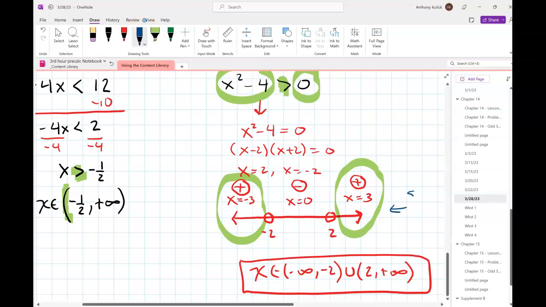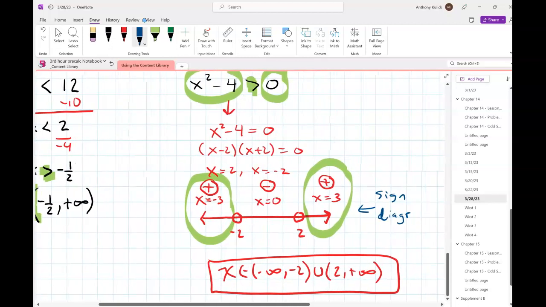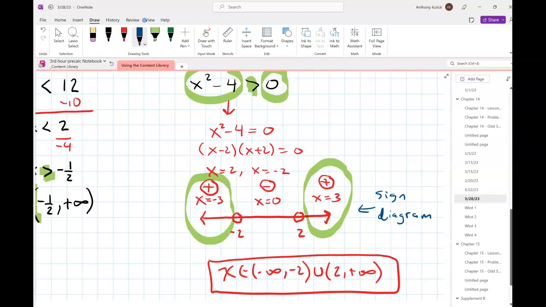This thing that we just did here is called a sign diagram. I just picked some number that was less than -2 and bigger than -2 or +2. I'm just picking a value inside that interval. Can be any number.